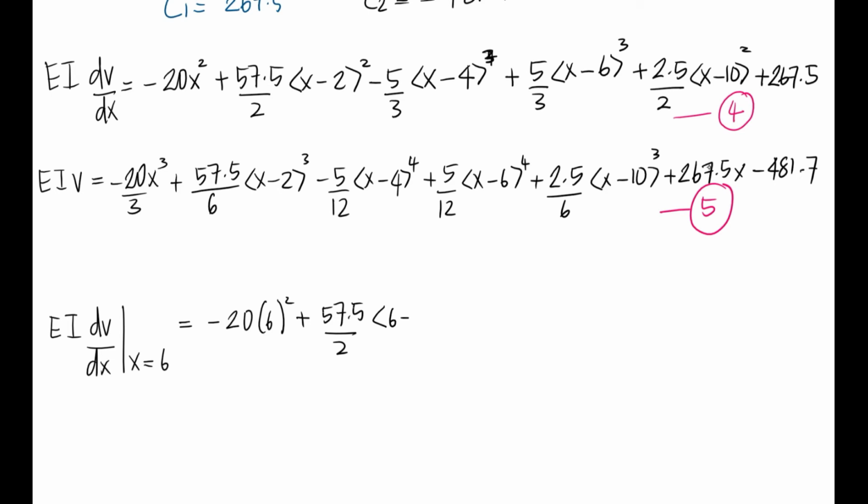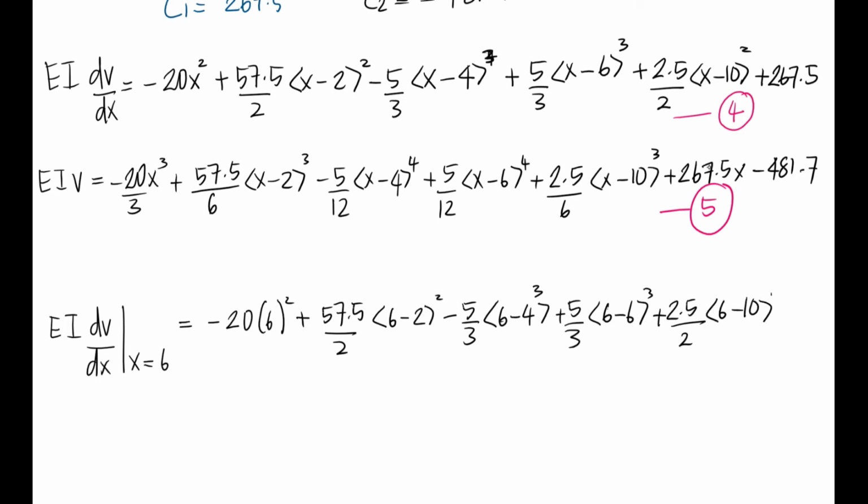Okay, 6 minus 2 power of 2, 5 over 3, 6 minus 4, plus 6 minus 6, plus 6 minus 10, plus 267.5. So you know that this will give a negative, so we cancel out.